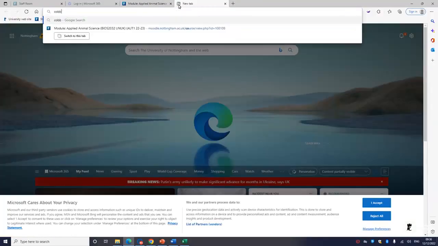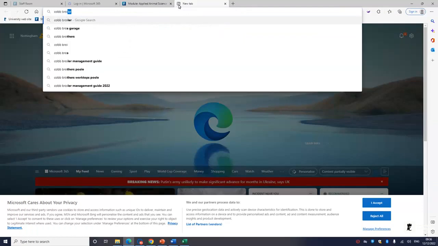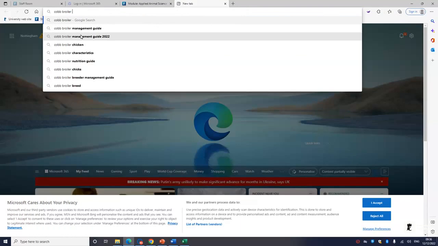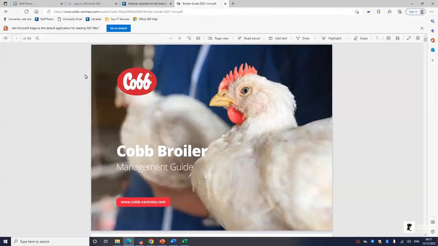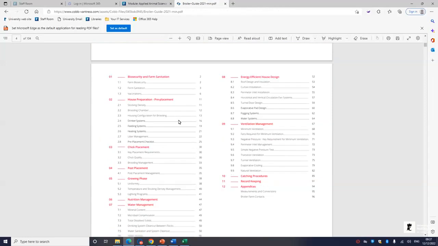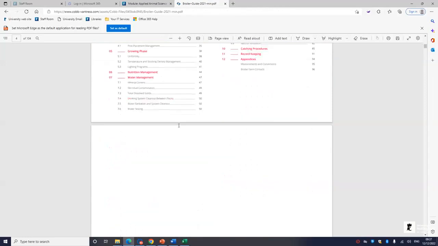I know, for example, if I give COP broiler management guide, this is something that's showing 2022, which is usually updated. If I click on this COP broiler management guide, the information I will have will be how I can rear this particular genetic line optimally.